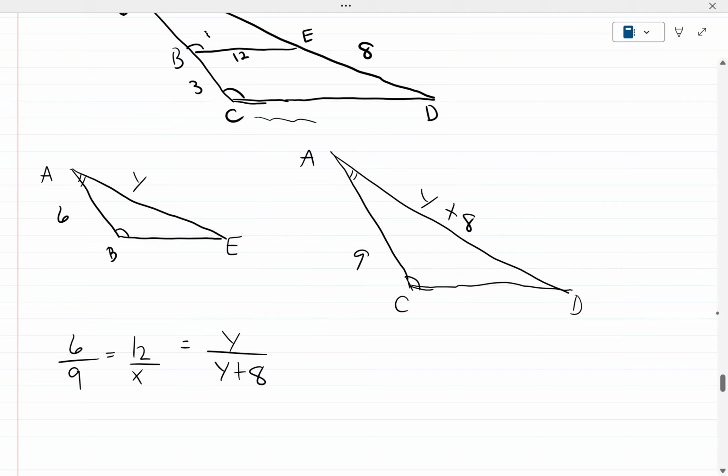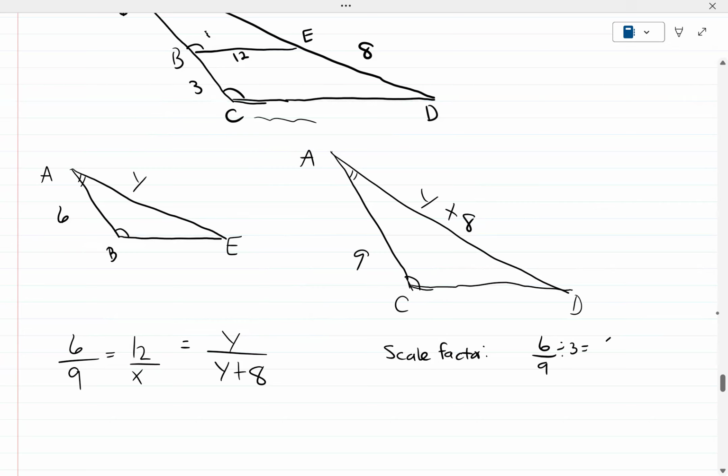So what we're going to do is first we've got to find the scale factor. So my scale factor will be, we could use 6/9, right? And that can be reduced by 3.